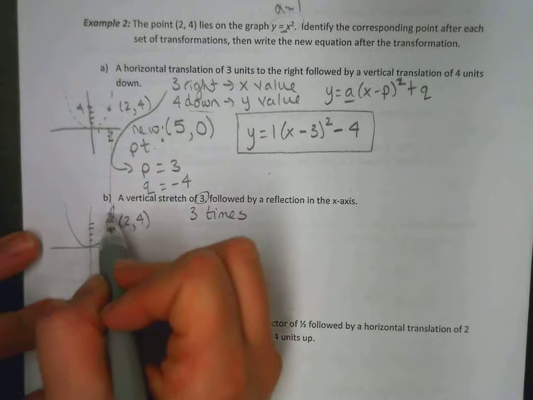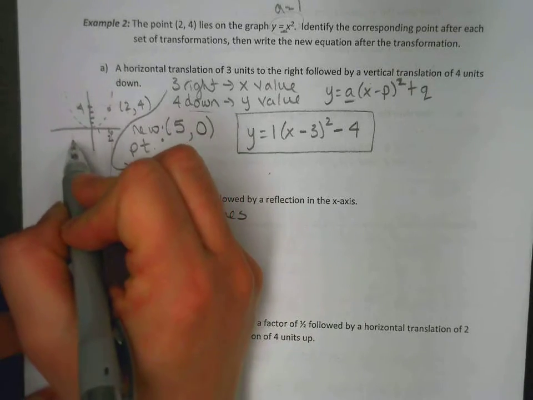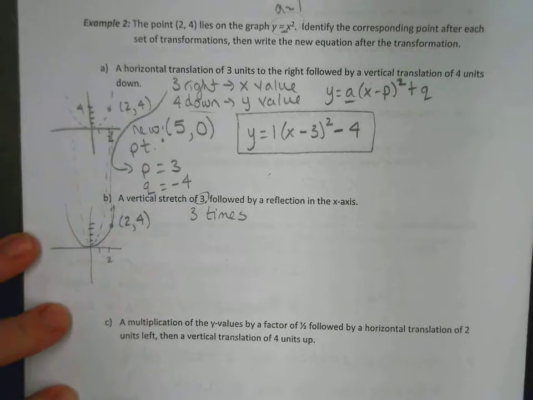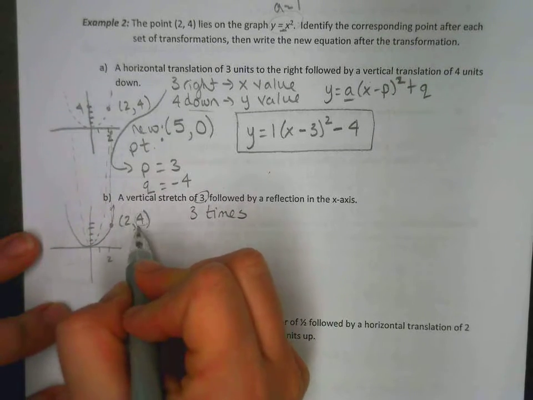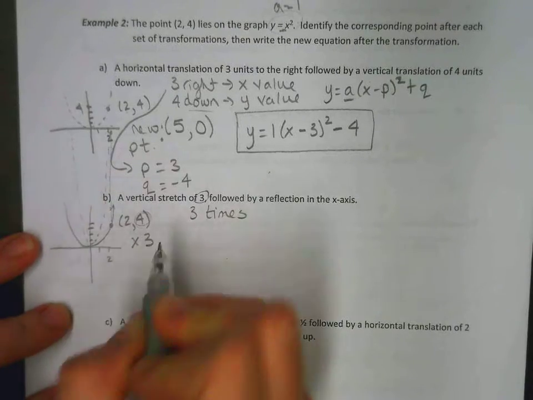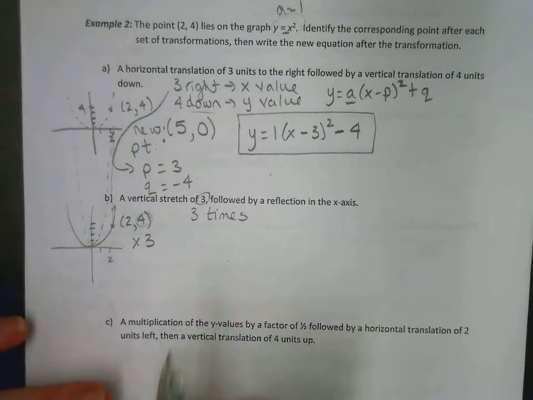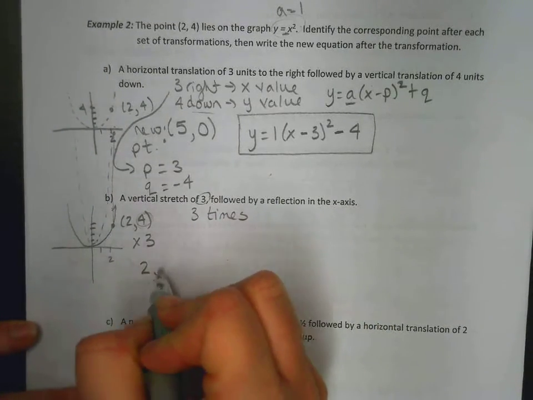So technically the x value is staying the same, but the stretch in my parabola would now look something like this. And so for that stretch factor, I'm going to multiply my y value by my stretch factor, which is 3. So after this first transformation, my new point would be (2, 12).